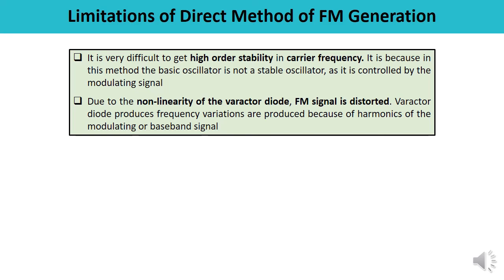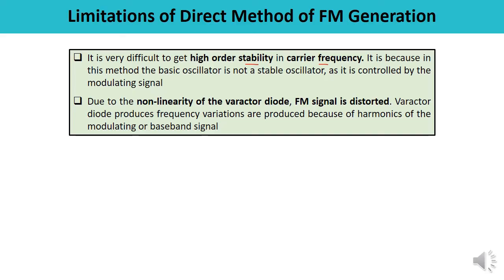There are certain limitations of the direct method of FM generation. There are basically two factors. The first limitation is that it is very difficult to get high order stability in carrier frequency, because the generation of the carrier signal is directly affected by the baseband or modulating signal, which directly controls the tank circuit of the carrier generator.